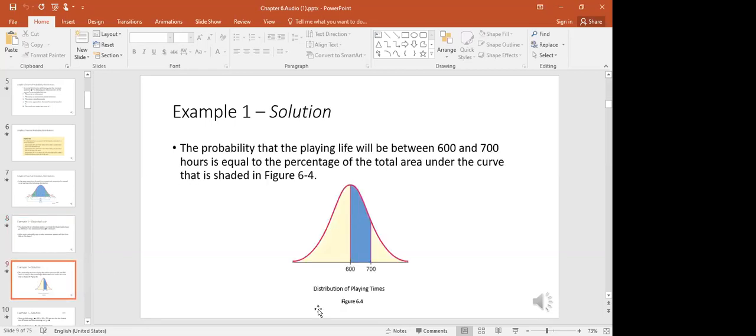That actually means that the lifespan is within the first standard deviation. The standard deviation is 100, the mean is 600. And we know that within the first standard deviation to the right of the mean, we have 34% of values. So the probability that the lifespan is between 600 and 700 is 0.34.